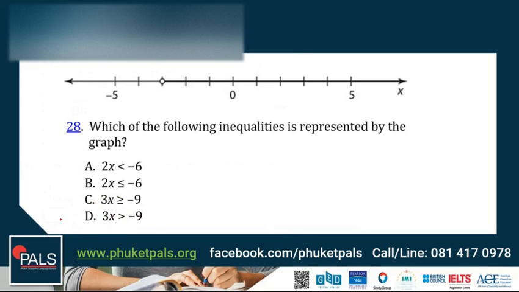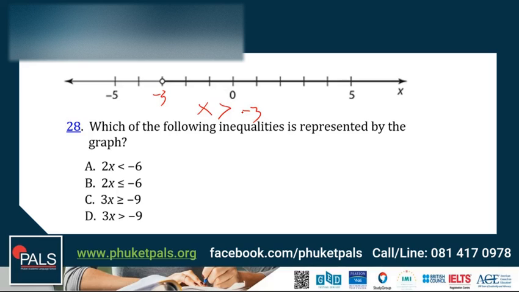28. Which of the following inequalities is represented by the graph? So let us look at the graph first. Now looking at the graph, the inequality is x is greater than, because the arrow goes to the right, and the starting point is -3, so it's greater than -3.